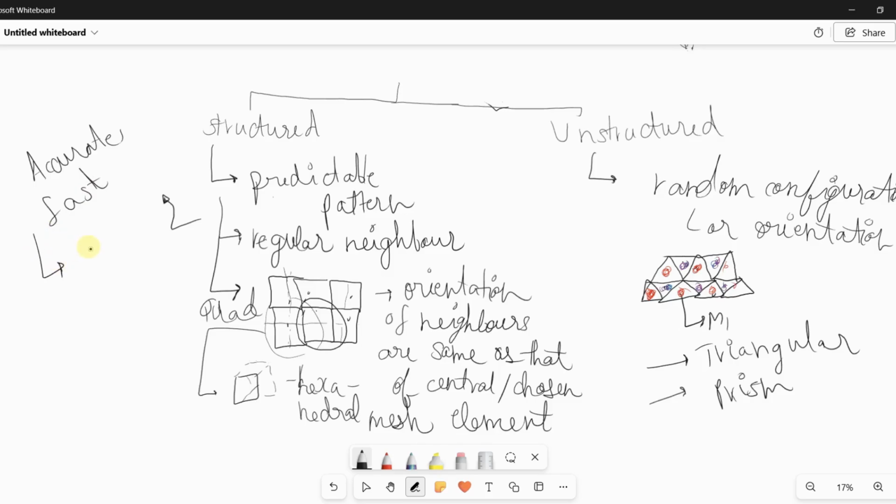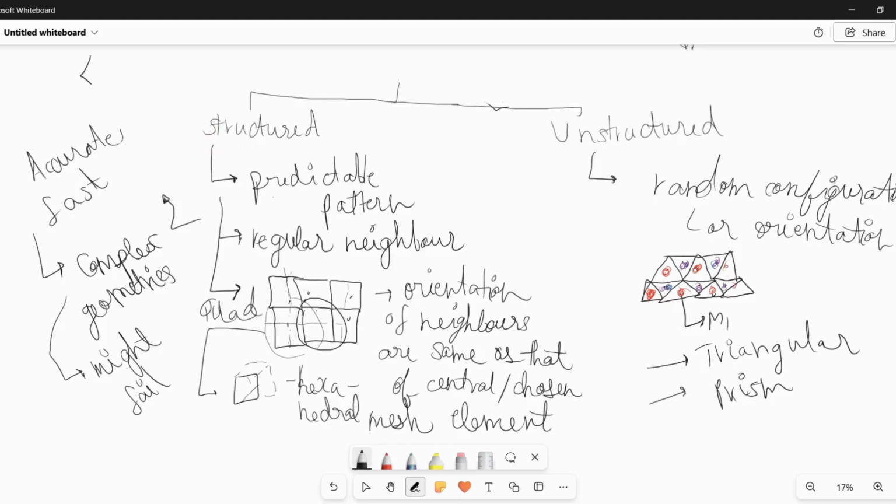But when you have complex geometries, there are times when your structured ones fail. By fail, I mean that it might not cover the entire element, right?